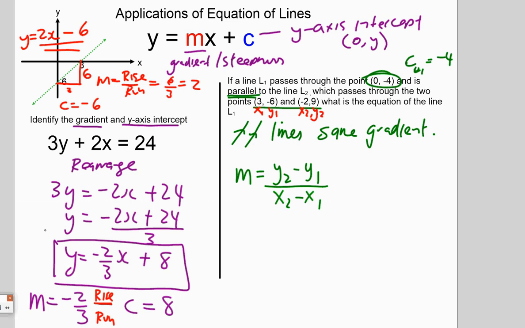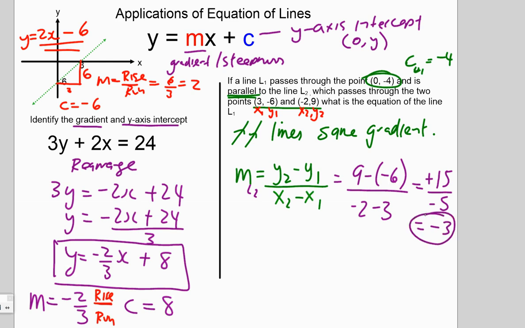Let's substitute into our formula to find the gradient of line 2. We get 9 minus (minus 6). I always bring my best friends, brackets, when substituting into the formula, so I don't make careless mistakes with directed numbers. And then minus 2 minus 3. So 9 minus minus 6 is positive 15, over minus 2 minus 3, which is minus 5. So we get a gradient of minus 3.